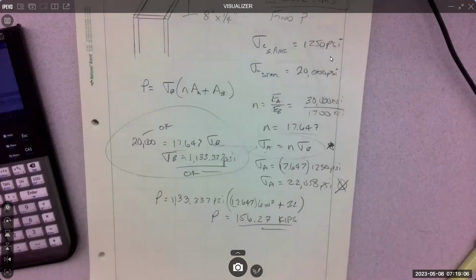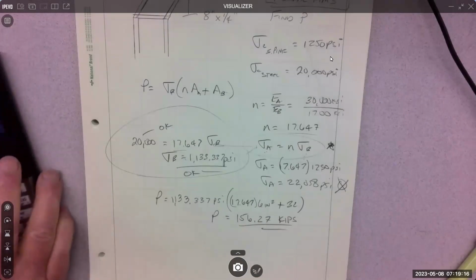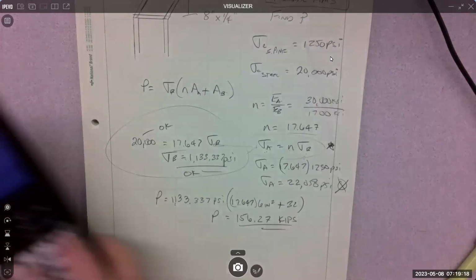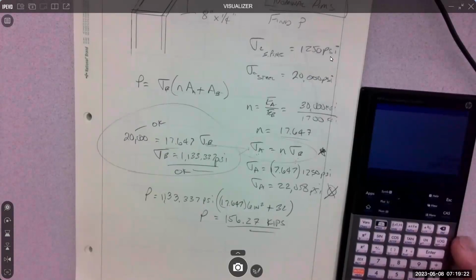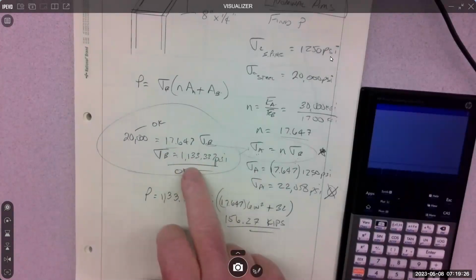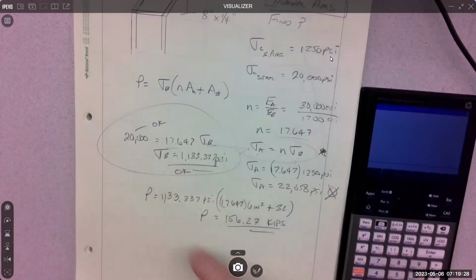11. Whoops. They have 136.3. It's not wonderful. Let me calculate it again, because I am pretty happy with what I got going here. Maybe that's the number I put in. 1133.337.